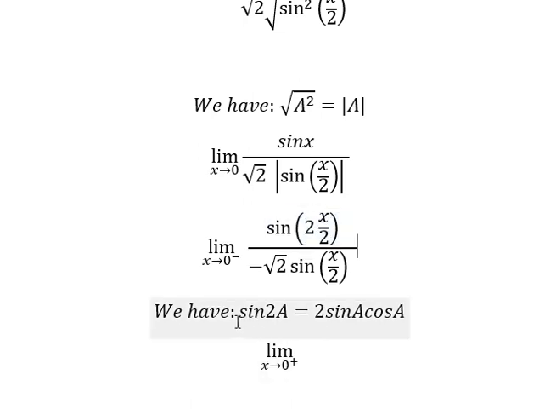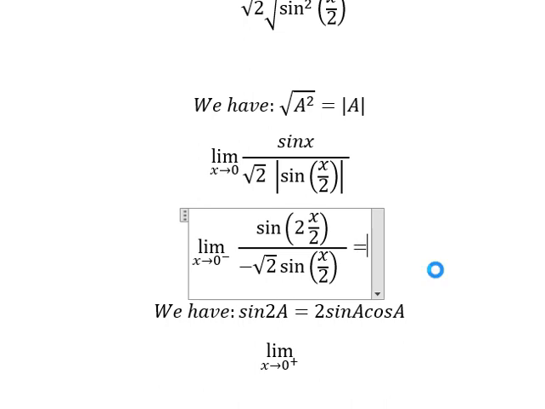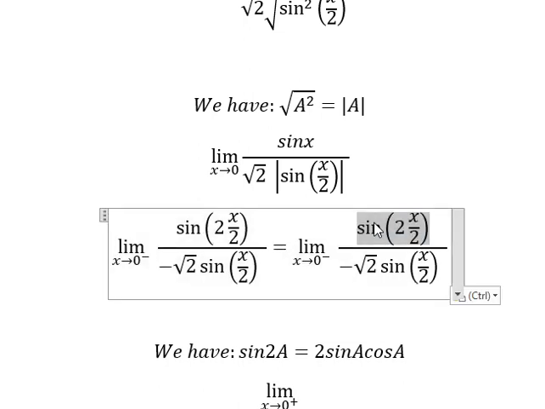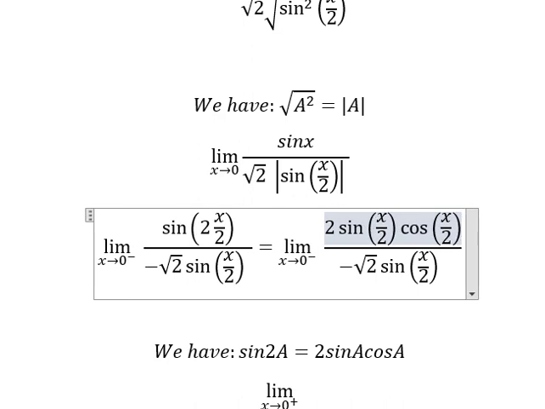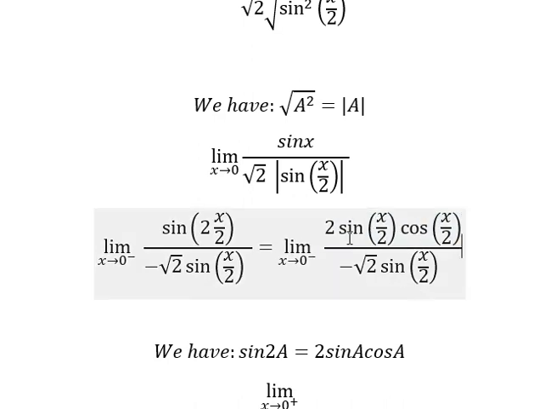Now, we need to transform this one into this one. And we have like this. So we need to simplify sine of s over 2 on the numerator and denominator.